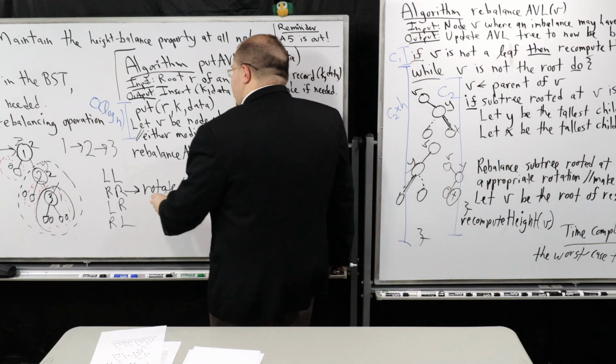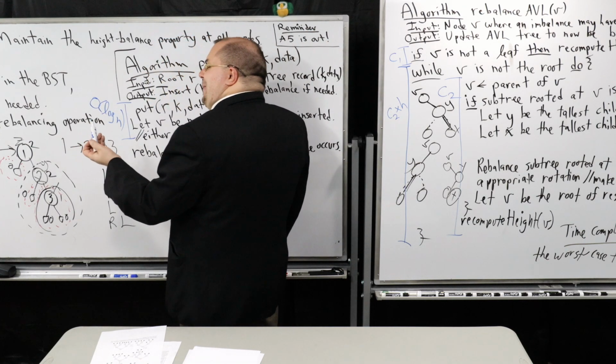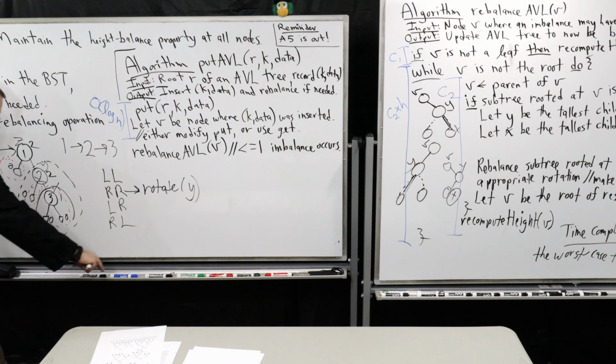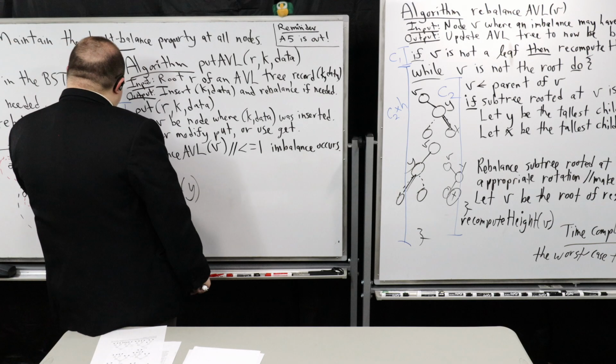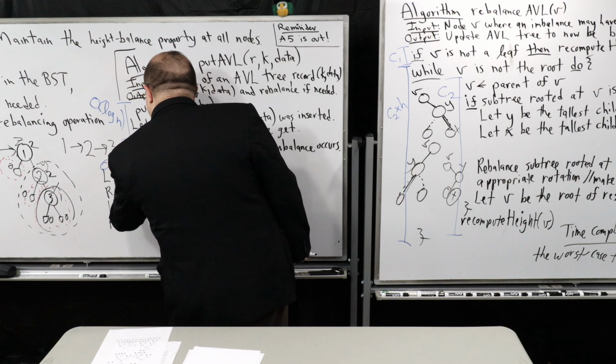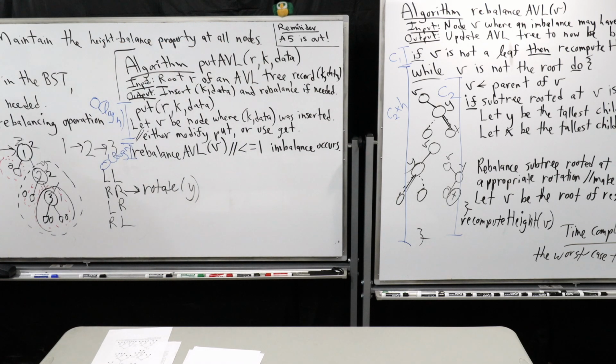So we know that rebalanceAVL takes big O of log n because I just call it once. That means, can somebody tell me, what's the worst case time complexity of putAVL then?